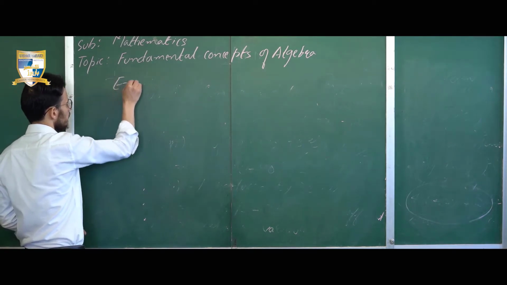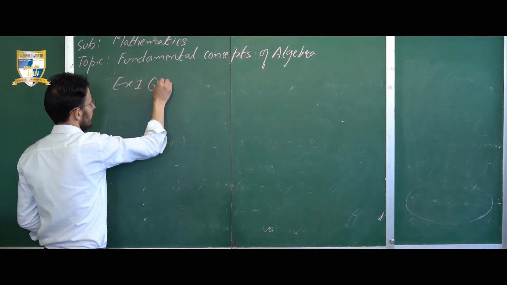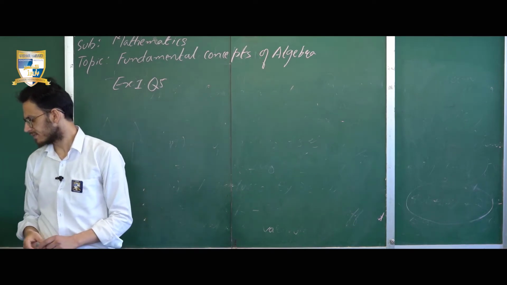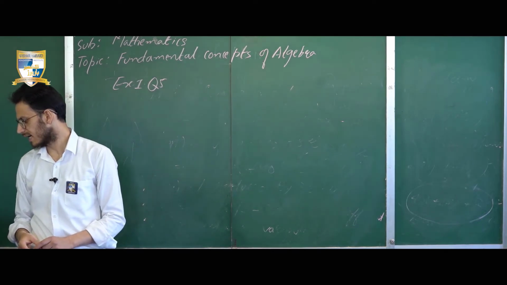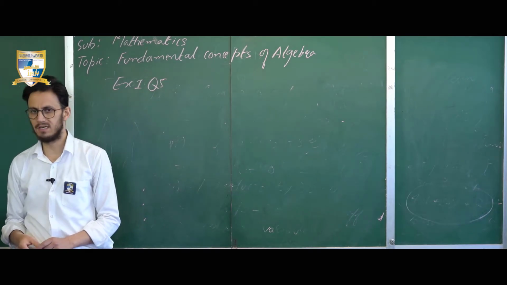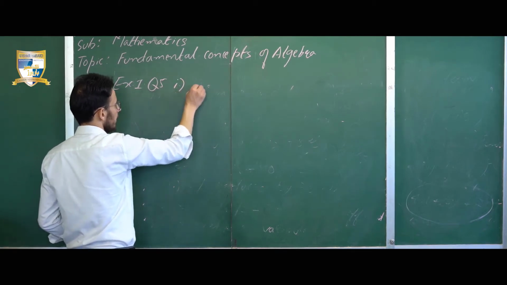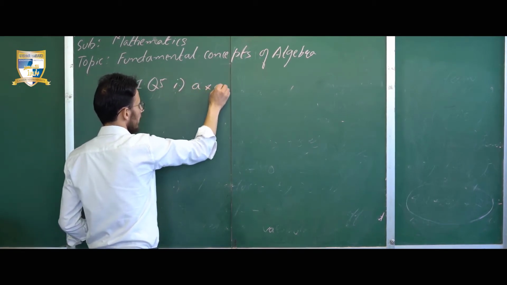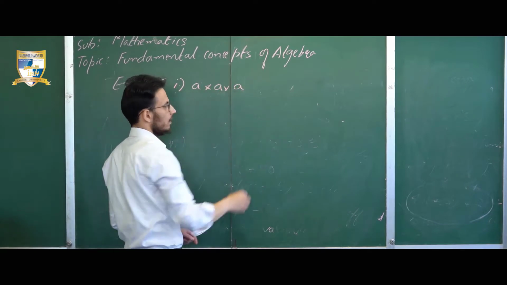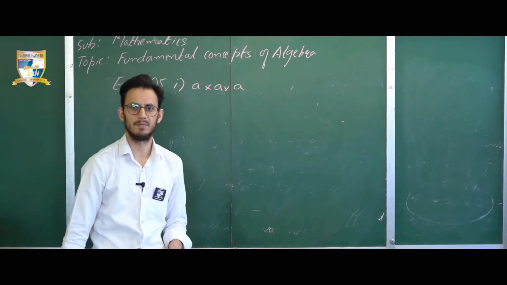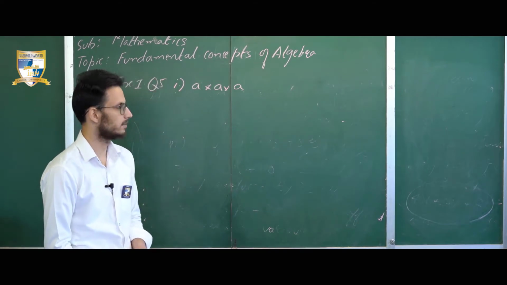Exercise 1, question number 5. It's saying to express the following products as powers, and indicate the base and index in each. Here we have part first, A multiplied by A multiplied by A. Here we have the repeated multiplication of the variable. A is to be multiplied by itself 3 times.